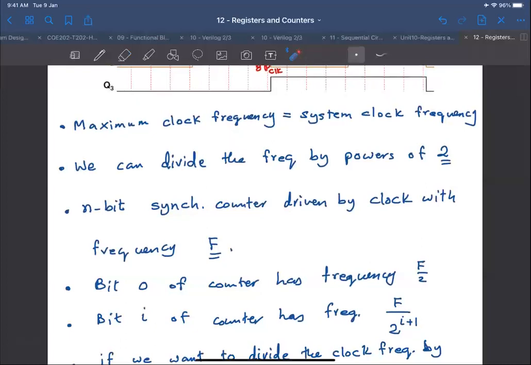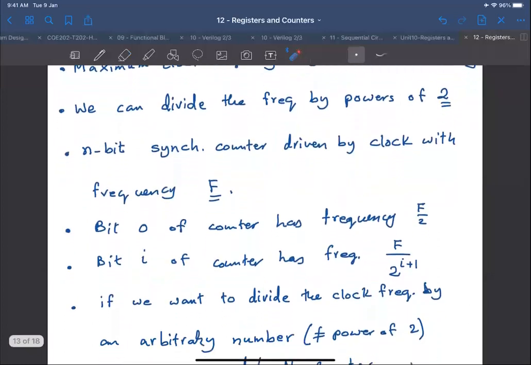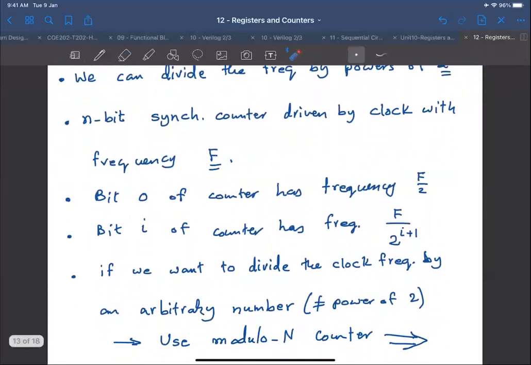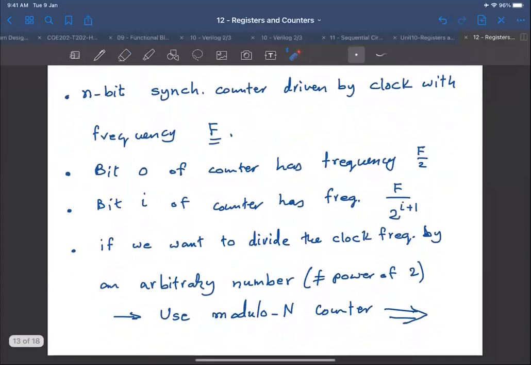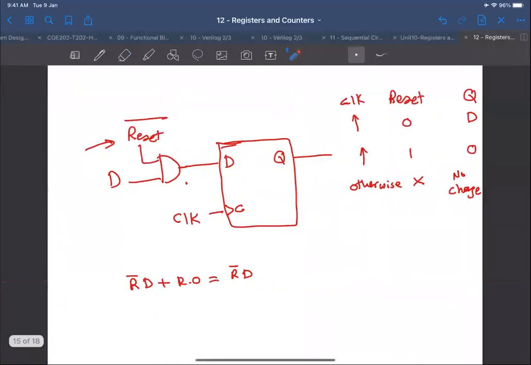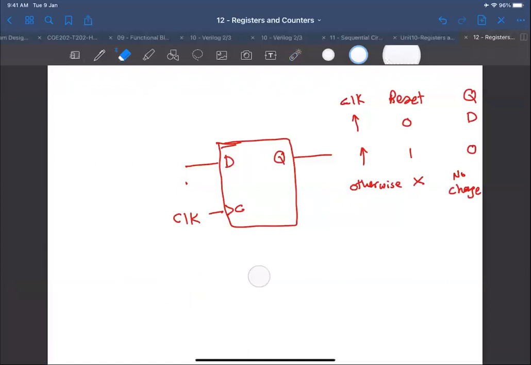Now, if we want to divide the clock frequency by an arbitrary number that is not a power of 2, then what do we use? We use a modulo n counter. Okay, modulo n counter. Before I discuss the modulo n counter, I will give you a brief overview of how to implement a synchronous reset.